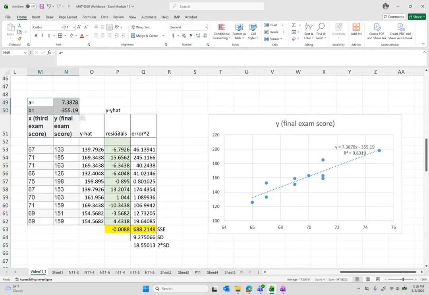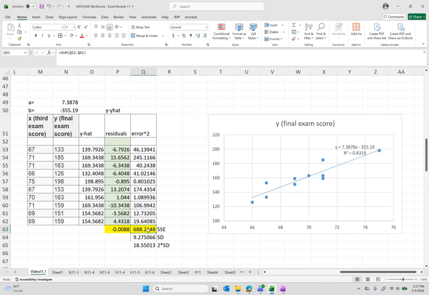Then I calculated the y minus y hat difference. And to make sure that I was pretty accurate, I added them up and I was expecting to see a number closer to 0. Then I squared those errors, and this is the sum of those squared errors.